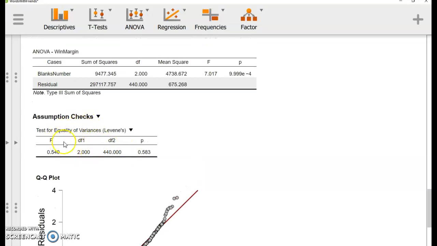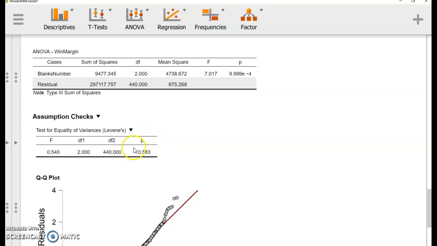Here's that test for equality of variances. Here is a rare case. When you're doing the assumptions of a test, you're actually hoping to fail to reject. The null hypothesis is that the variances are all equal. If you would reject, if you would get a low p-value, that would mean that the variances are quite likely not equal, in which case you'd have to run a slightly different correction factor or test.